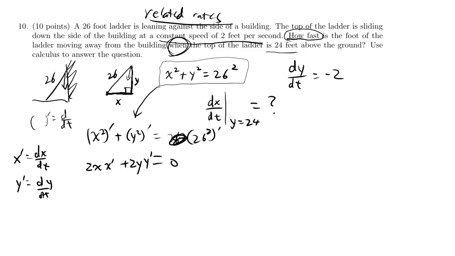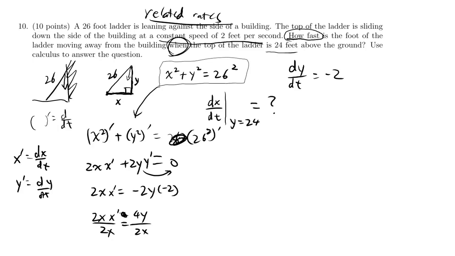Alright, so we have that, and since we know that dy/dt is negative 2, we can apply it right here. So 2x x' is negative 2y times y', but that's negative 2. I moved this over to the other side, and then I plugged in negative 2 there, so I have 2x x' equals 4y. Divide by 2x on both sides.